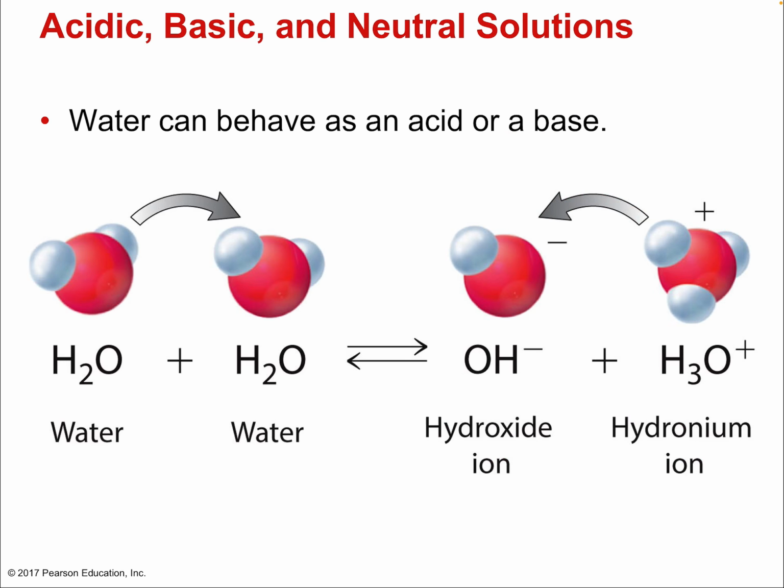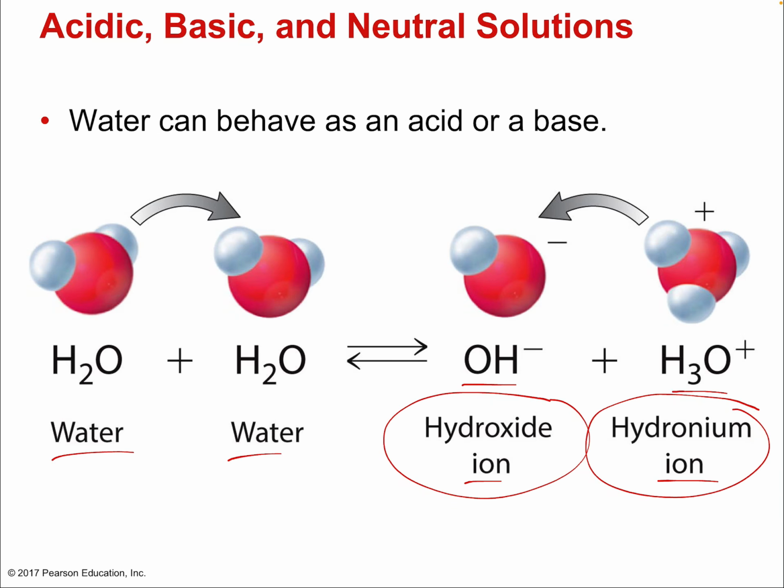Okay? And as we said before, water can behave as an acid or a base, which is pretty neat about water. Not necessarily unique to water, but certainly interesting. So water plus water can form a hydroxide ion and a hydronium ion. This is an important slide because it clearly labels these two common ions.